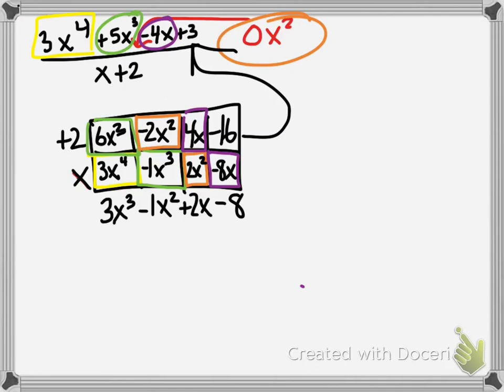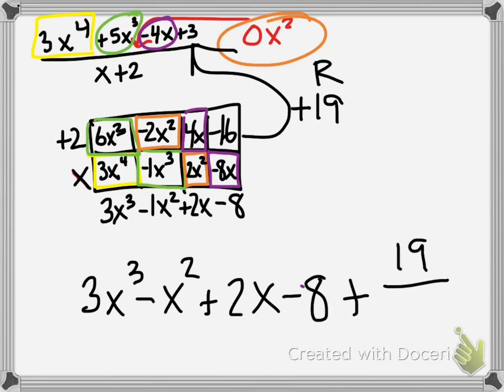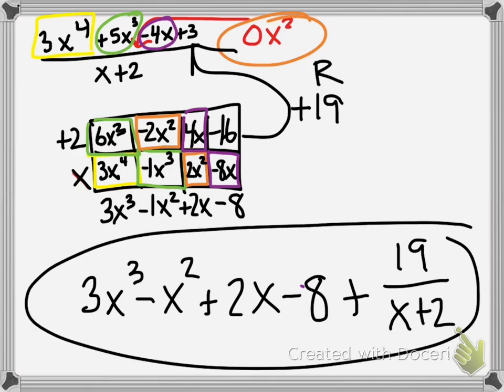I'm at negative 16. I need to get to 3. That means I need to add 19. That is my remainder. So my answer is 3x to the third minus x squared plus 2x minus 8 plus 19 as a remainder, which was not able to be divided by x plus 2. That whole thing is my answer.